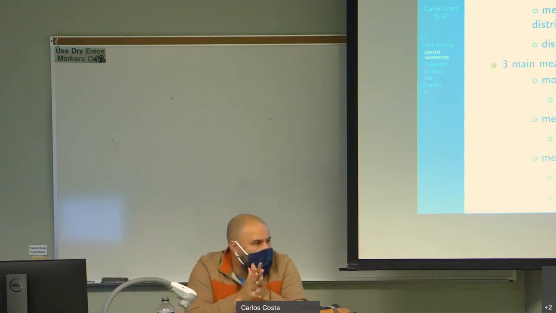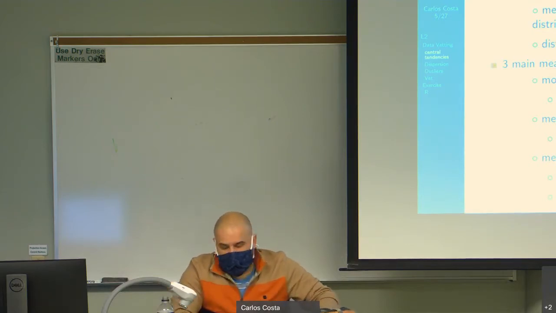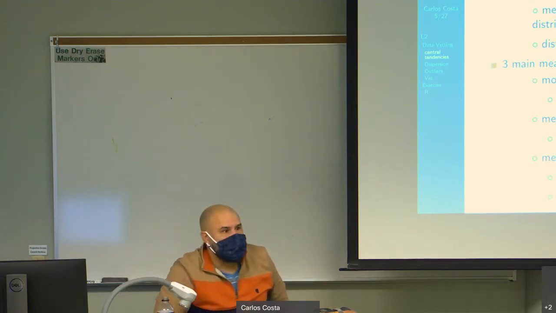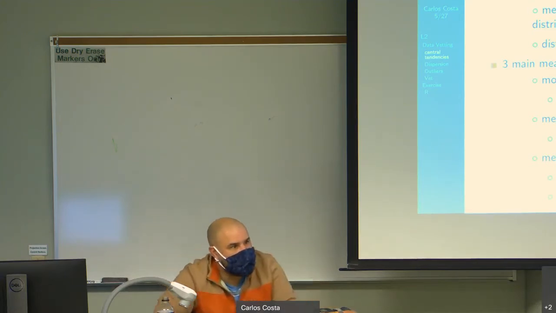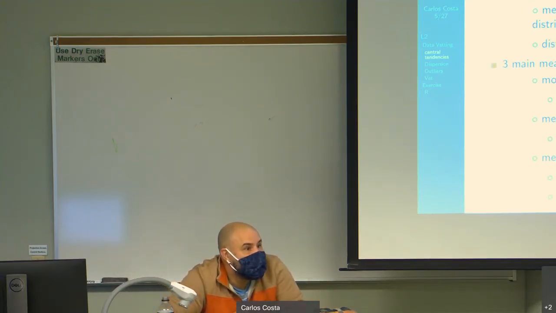The first one being the mode. What is a mode? The most common, right? Anybody here speaks French? Tu parles français. Qu'est-ce que mode? What is the magazine mode? C'est la fashion. Fashion, right? So mode is fashion, the most fashionable.